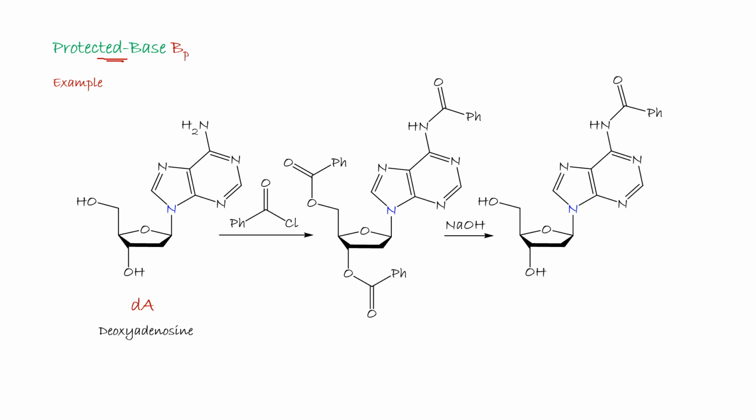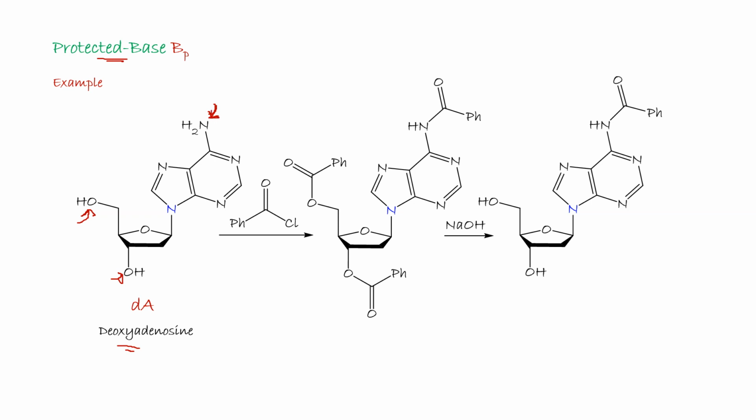If we have deoxyadenosine, we would like to protect the N here, the amino group. We react the deoxyadenosine with benzoyl chloride. We get benzoylation on the oxygen here, again, and on NH2.